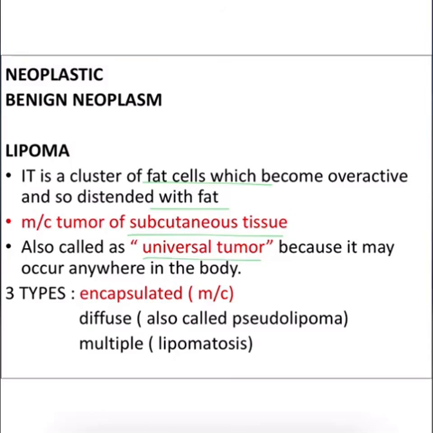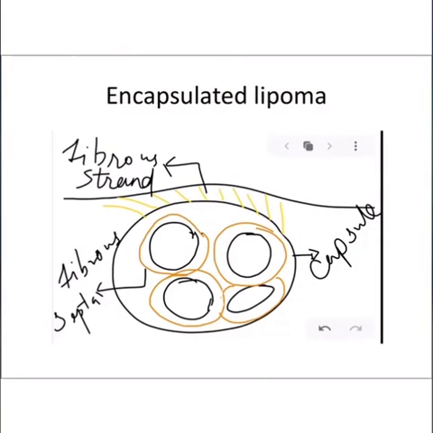It's a universal tumor because it may occur anywhere in the body. Types: encapsulated, diffuse, or multiple. Most common is encapsulated, like a single lipoma. Sometimes diffuse lipoma, you cannot identify the margins. It's known as pseudolipoma. And multiple lipomatosis: some patients have multiple lipomas everywhere in the body: hands, forearm, legs.